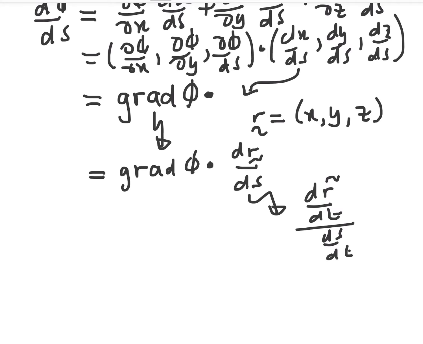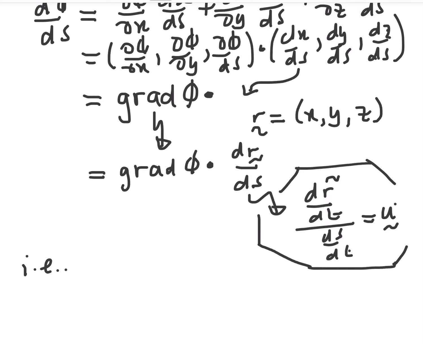So essentially this was what we called the unit tangent vector previously. This was just recalling what we had previously. So what we have is that d phi ds is equal to the grad of phi dotted with the unit tangent vector, the unit vector u, or in general the unit vector u.